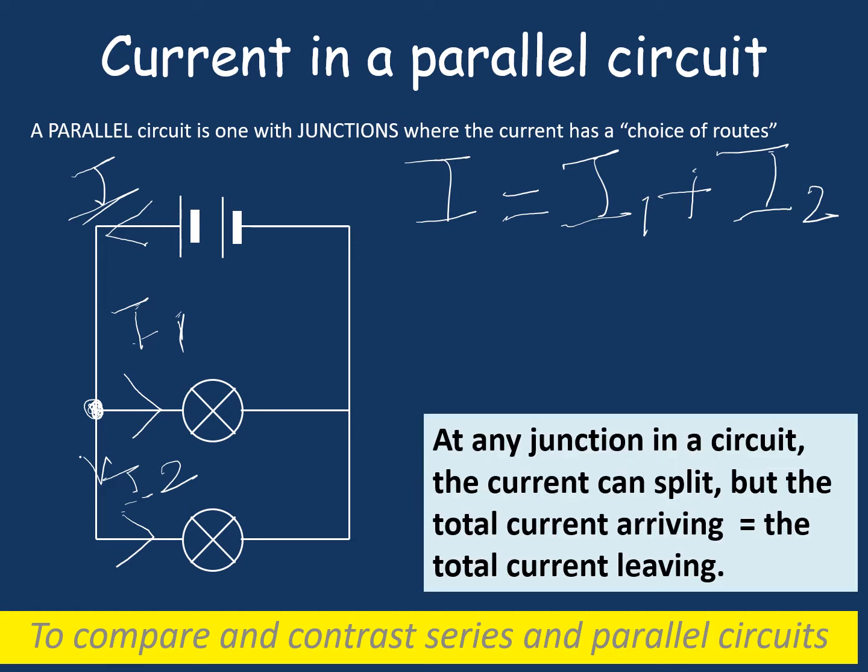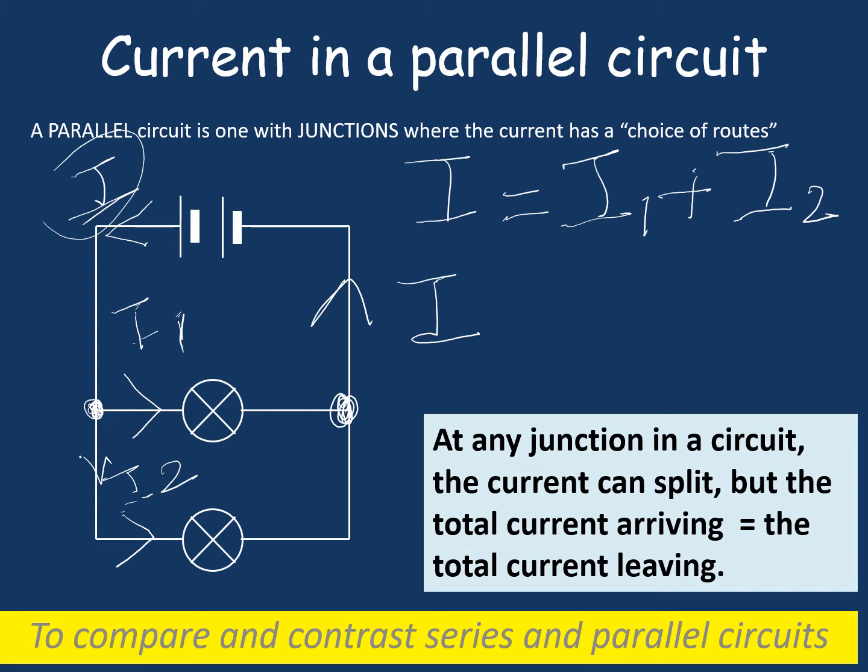But in short, the current coming out of the junction should be equal to the current entering the junction. And after all the splitting happens, the currents combine at one point. So here I1 and I2 combine again and it becomes I, like it started here, and it goes back to the cell.